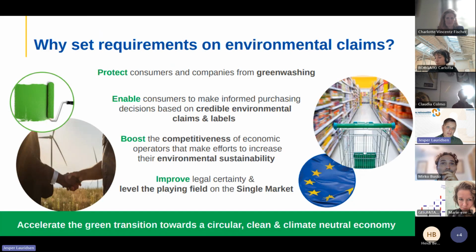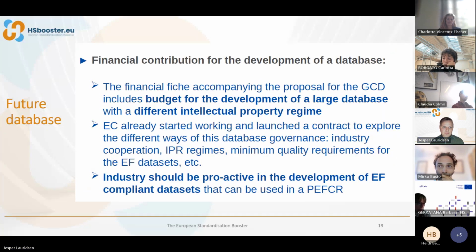The reason they're doing this is to protect consumers and enable consumers to make informed purchasing decisions based on critical environmental claims and labels. And the bottom one, improve legal certainty and level the playing field. So that is what the Commission wants to do in this area.